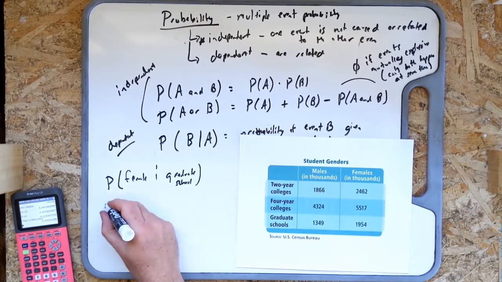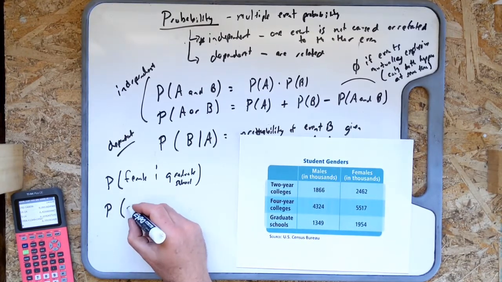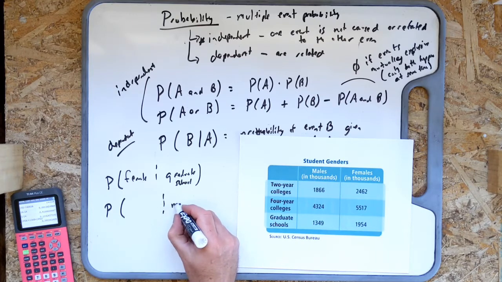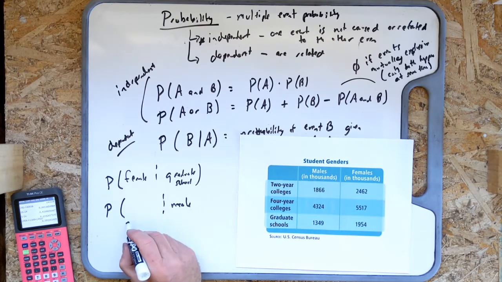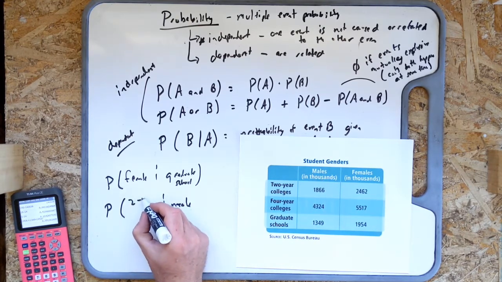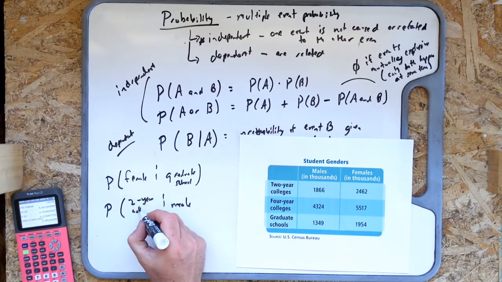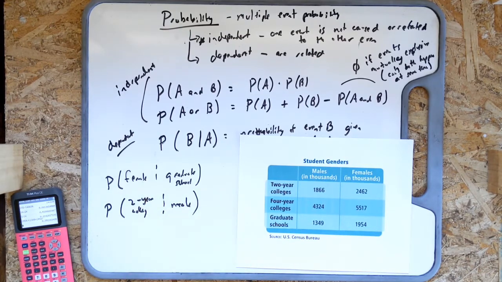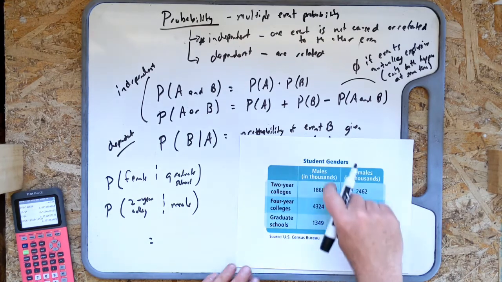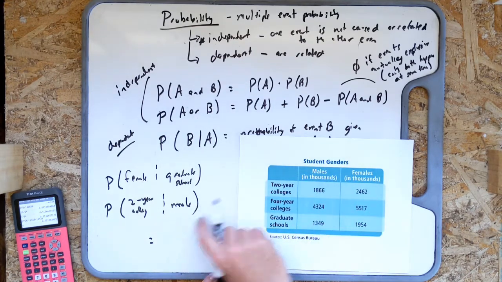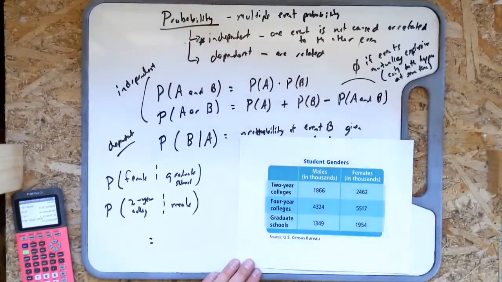Okay, we'll try one more for you guys to do. What is the probability that, given that you're male, you are in a 2-year college? Okay, try that yourself. All right, so in this case, the denominator is male. You're just in this column. You're automatically assuming it's male, so you're not dealing with this part of the data at all.